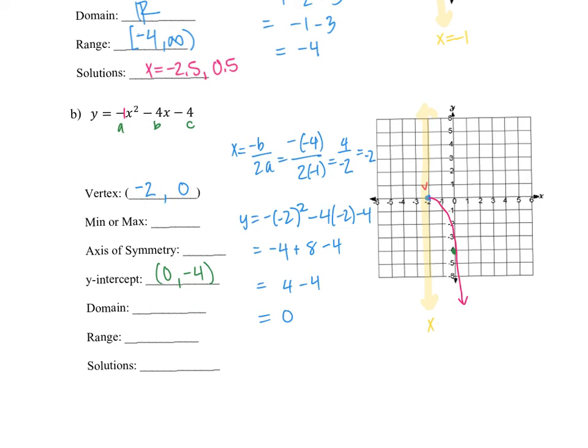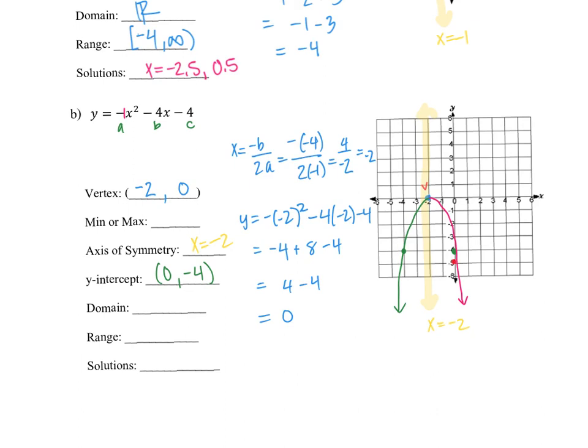So my axis of symmetry is at -2. So if that's 2 units away, I can go 2 units to the left and plot to reflect. So the axis of symmetry is really handy because it helps you reflect and get your third point usually.